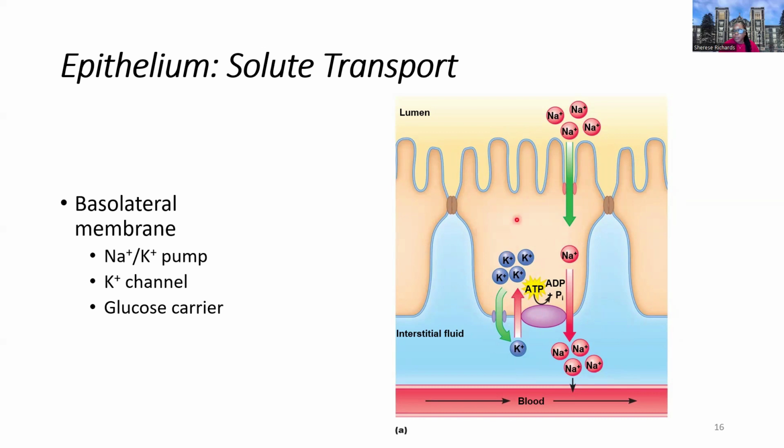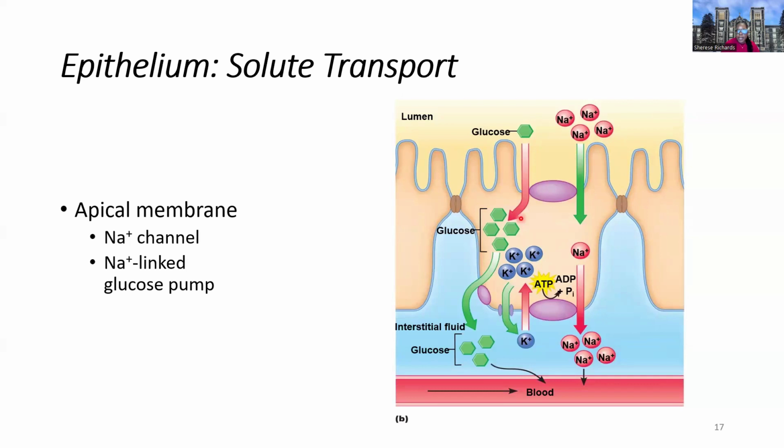All right. The other interesting feature that we see on the basolateral surface is the glucose carriers. So glucose carriers exist on the basolateral surface, whereas the sodium-linked glucose transporter, this is an example of secondary active transport.